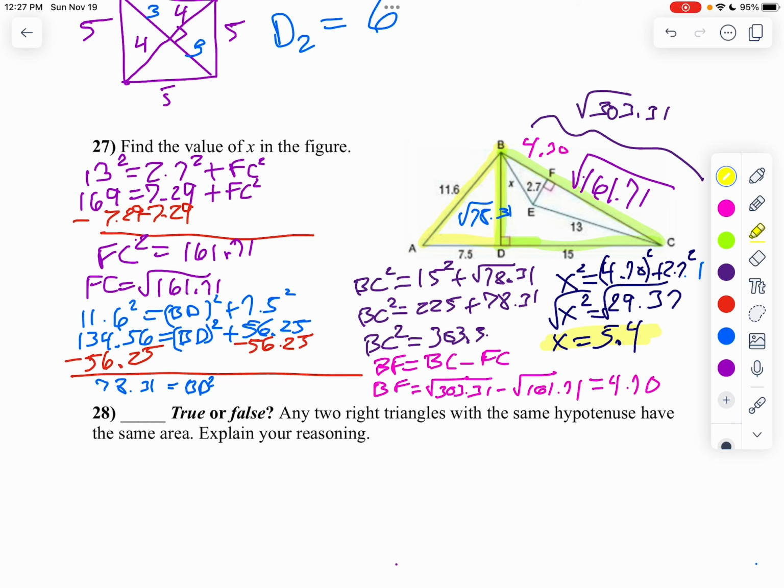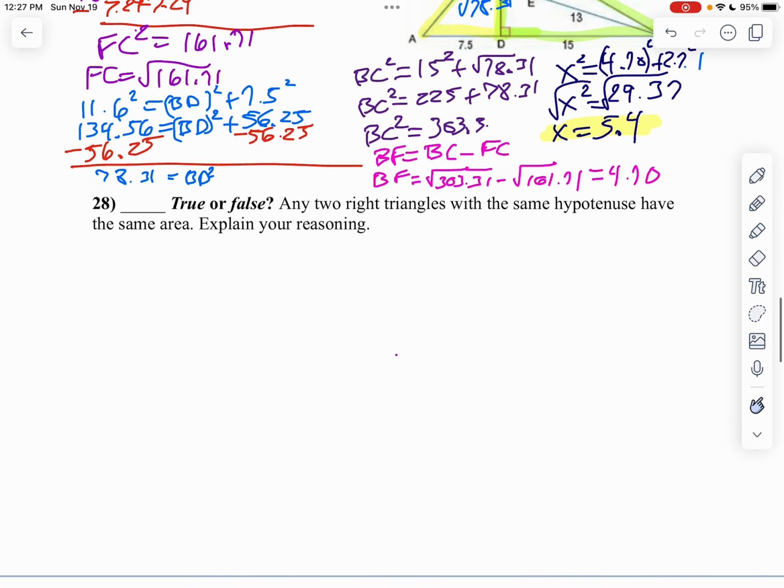Now in question 28, we want to know if I've got two right triangles with the same hypotenuse, are they going to have the same area? Well, sometimes they will, but not always. So I would say that's going to be false.